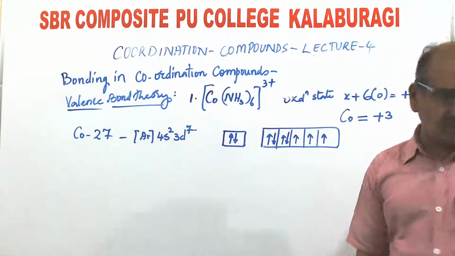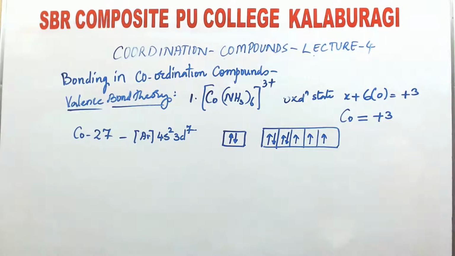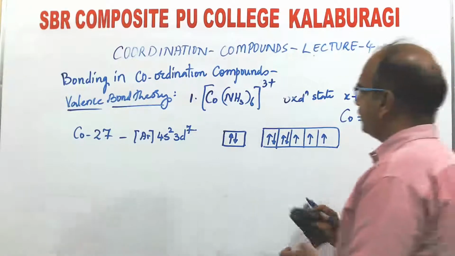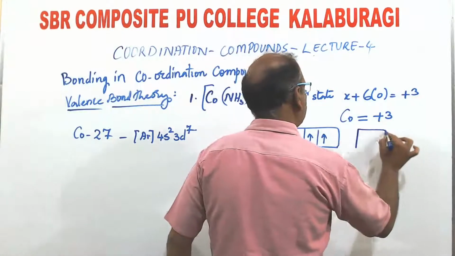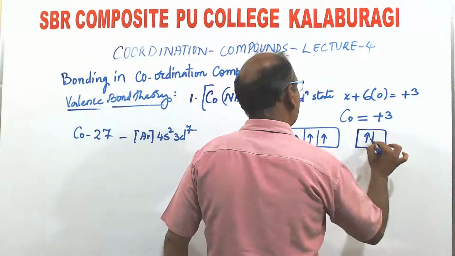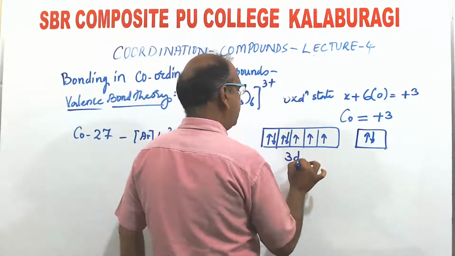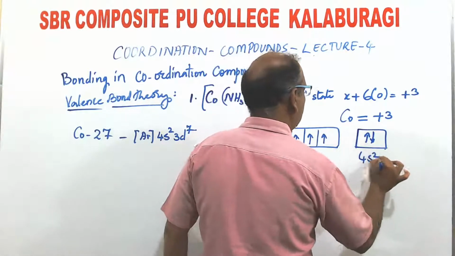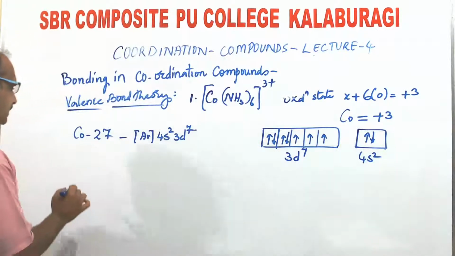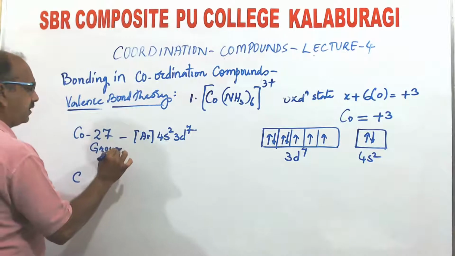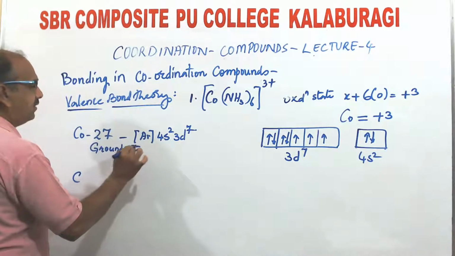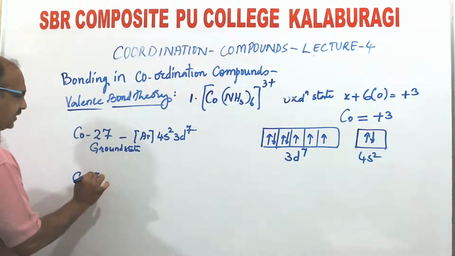This is the ground state configuration of cobalt: 3d7 and 4s2. Actually, we have to show this side, 4s2 and 3d7. So this was the ground state. Now let us go for cobalt plus 3.